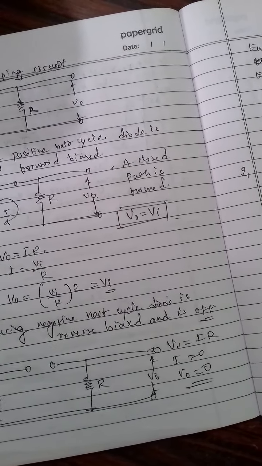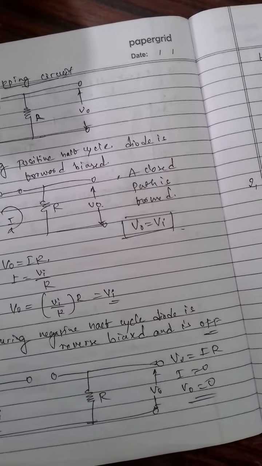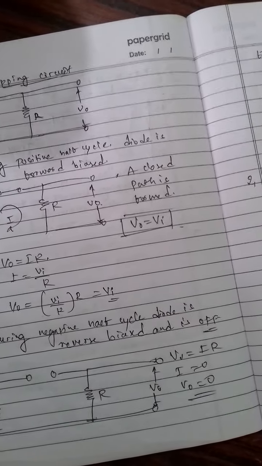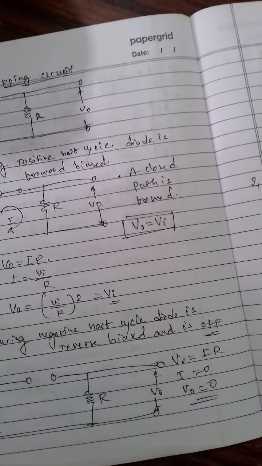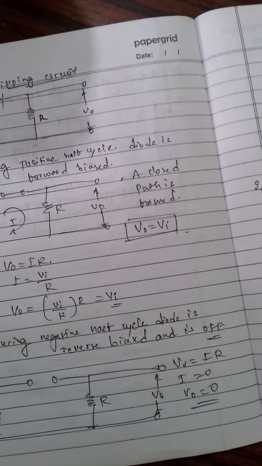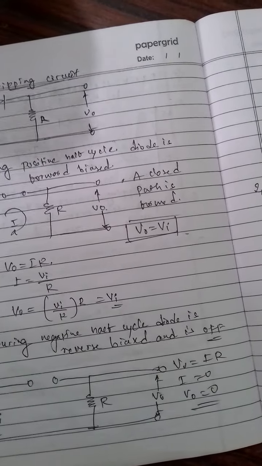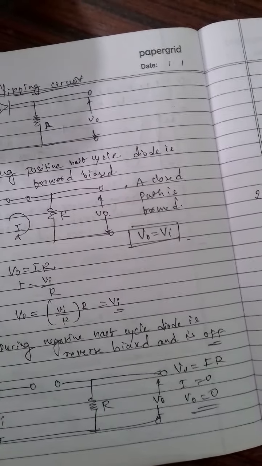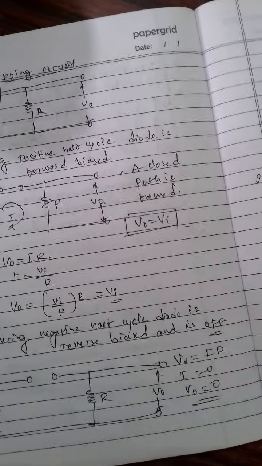Since the input loop is open, the current flowing through it is equal to 0. Whatever current flows at the input, the same current flows at the output loop, because there is only one resistance R between the input and the output.